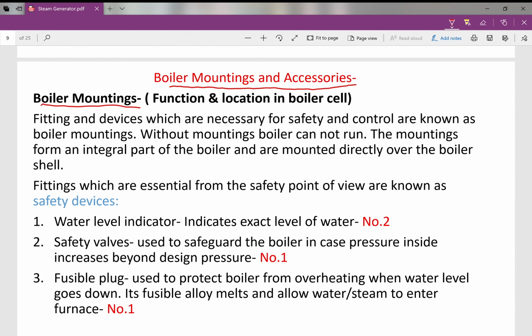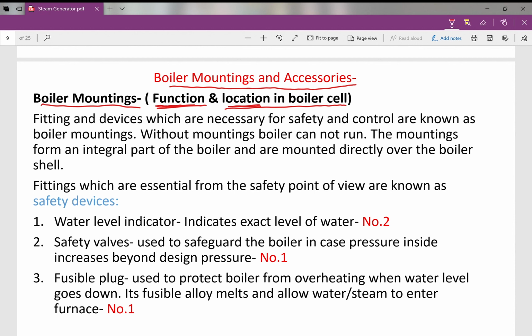For boiler mountings, we should concentrate on two things: function, and location in the boiler, where that particular device is located and what its function is. First, as a definition of boiler mounting, why is it required?